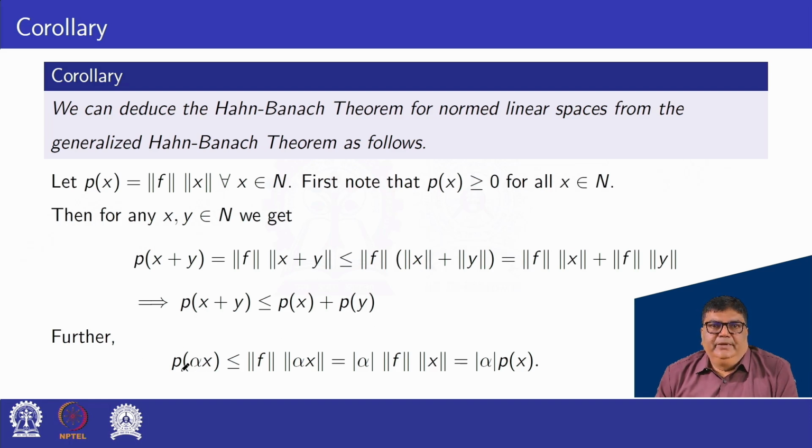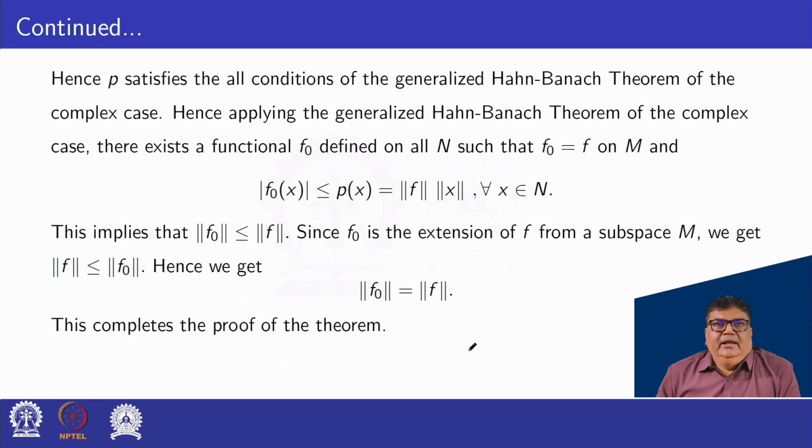Further, p(αx) is equal, because here p(x) = ||f|| ||x||. So p(αx) = ||f|| ||αx|| = |α| p(x). Hence p satisfies all the conditions of the generalized Hahn-Banach theorem of the complex case.